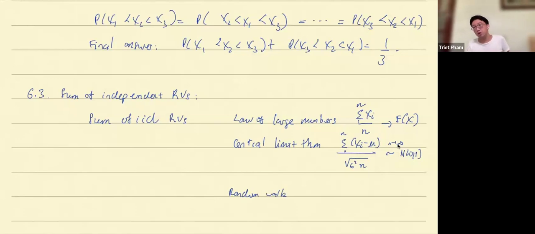You can take any dimensional random walk, but let's say one dimensional, meaning that you go to the right with probability p, go to the left with probability 1 minus p.